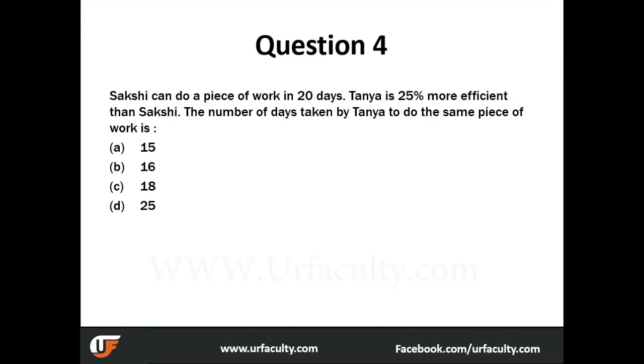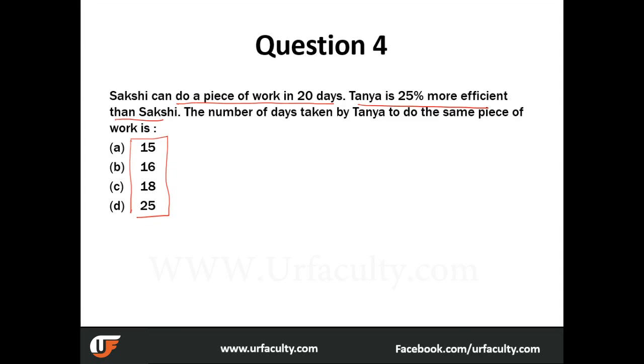Sakshi can do a piece of work in 20 days, and Tanya is 25% more efficient than Sakshi. Okay, so in such cases, what do we do? I'll first tell you one shortcut approach. We'll go by the choices because I don't think we have tried choices in this particular video.